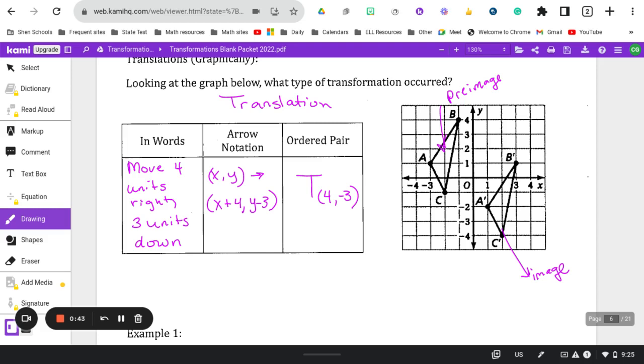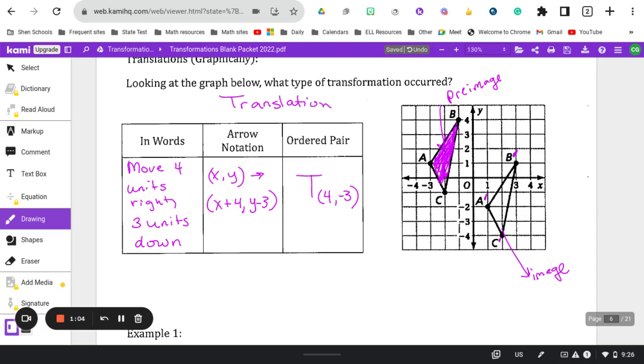We see that we have a pre-image. This was the pre-image, and we know it's a pre-image because it's just labeled A, B, and C. So that is the original spot. And then this is the image, and as you can see, they have these little prime symbols on them. They look like apostrophe symbols.